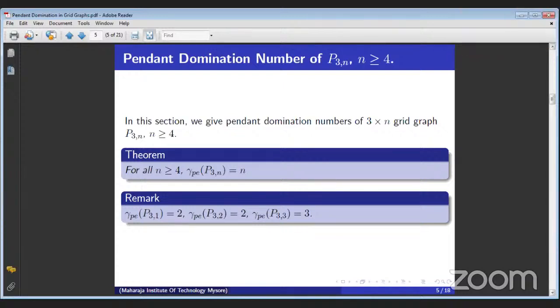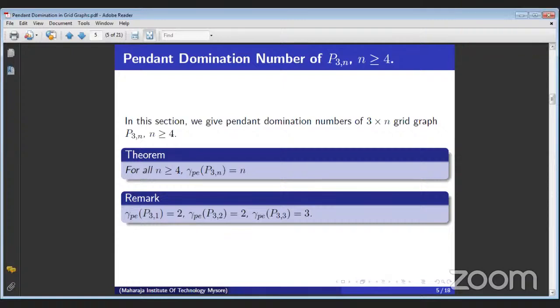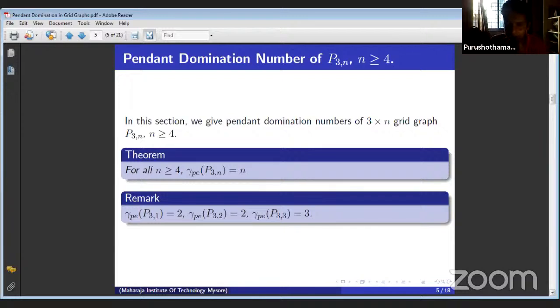I'm seeing your m is equal to 2, m is equal to 3, m is equal to 4, and then your n once you go. But when m and n are equal? When m and n are equal, we get P(3, 3). Yes, ma'am.